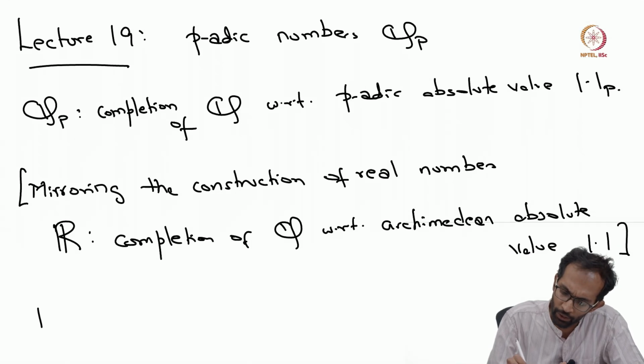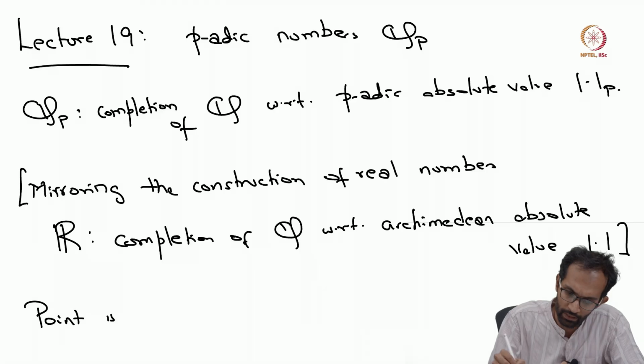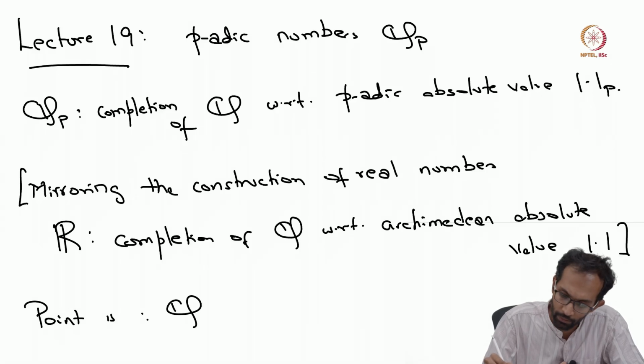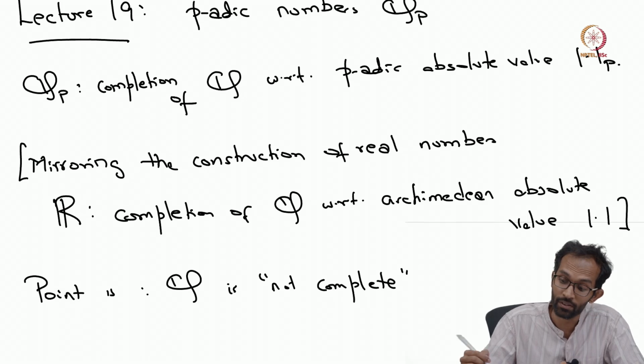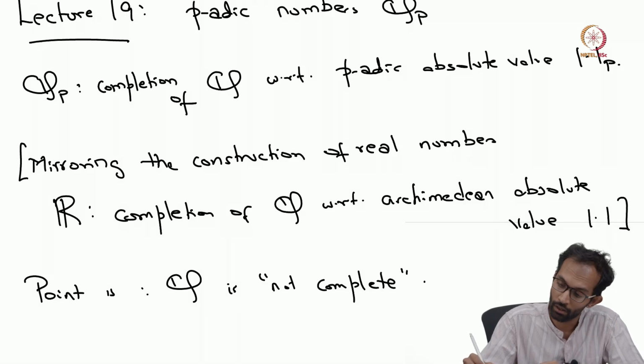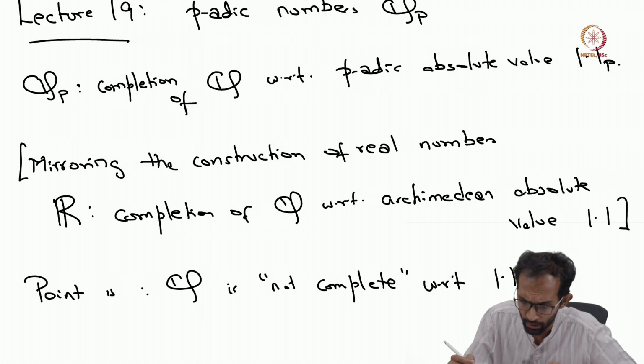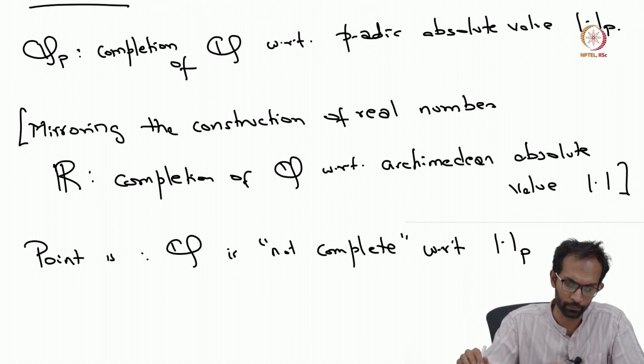And again, the point is that in both these cases Q is not complete. There are Cauchy sequences that don't converge with respect to the p-adic absolute value, similar to how it's not complete with respect to the Archimedean absolute value.